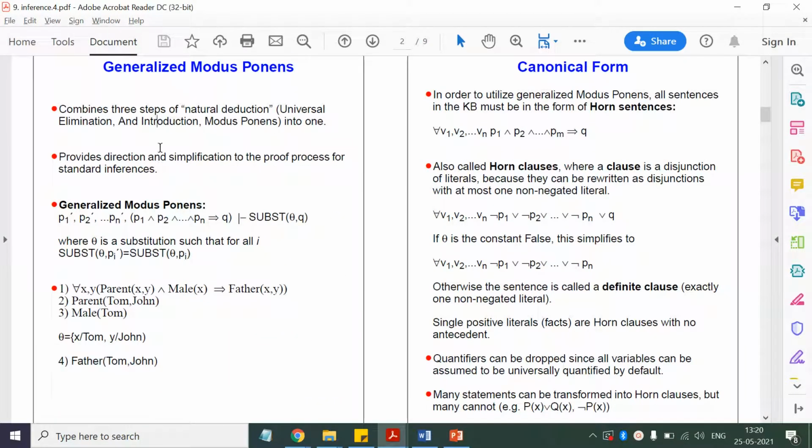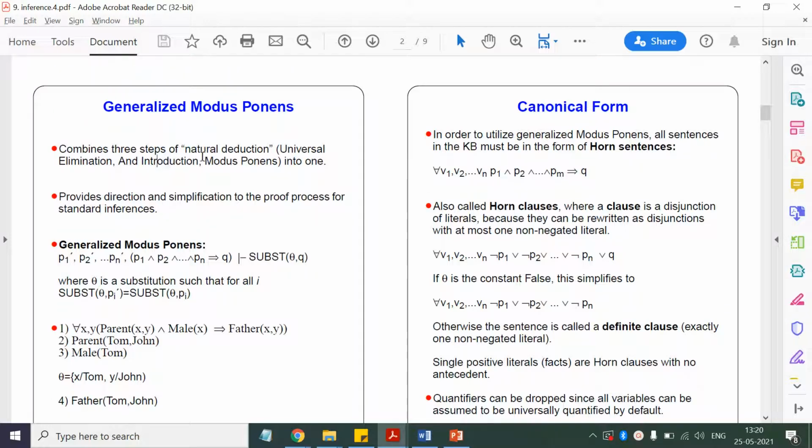Okay, so now what happened here? Simple modus ponens was there in propositional logic, and with the help of these multiple processes, we have lifted that rule to support first order logic, right? That process is known as lifting.